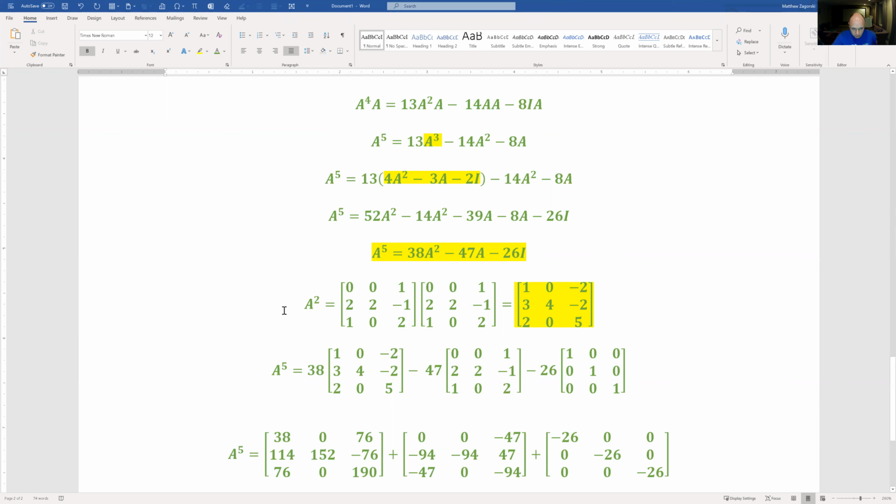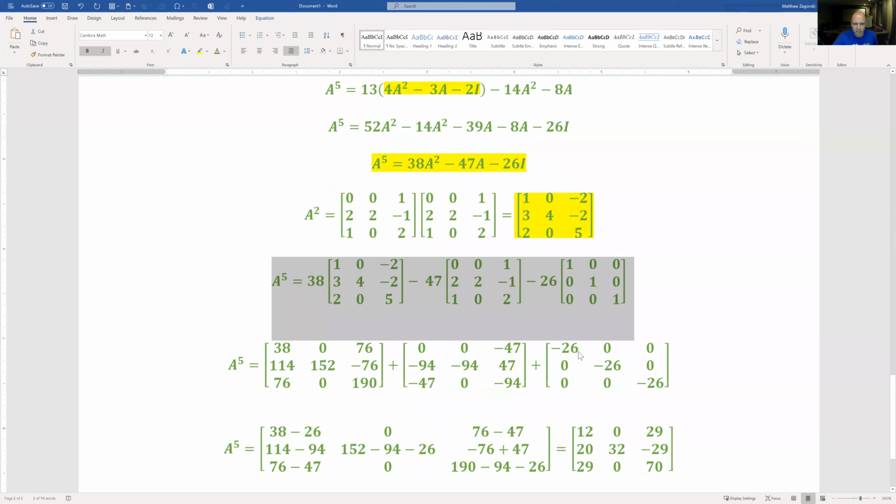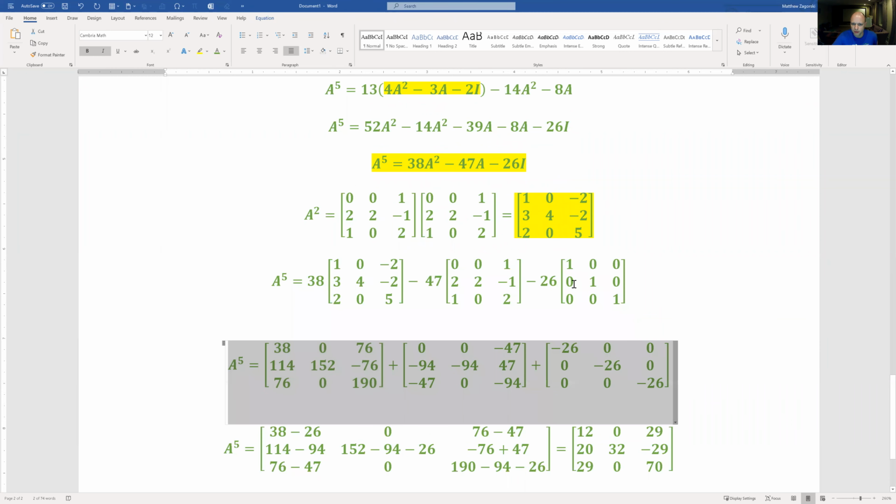So I'm just going to plug it in here, and 38 times a squared minus 47 times a minus 26 times the identity matrix brings us to this equation right here. So I got rid of the scalars and I multiplied it in the matrix.